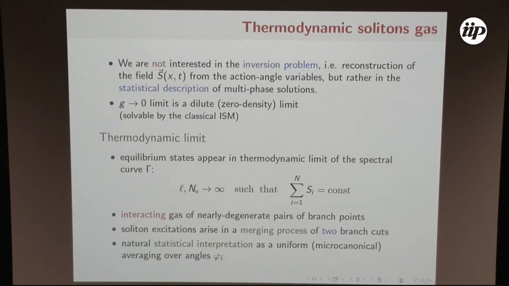This will be the density of your state. Such a limit exists, and you can see it as an interacting gas of almost degenerate branch points of the surface. And then the soliton excitations are the excitations which arise in the limit where all these nearly degenerate branch cuts collapse to a point.